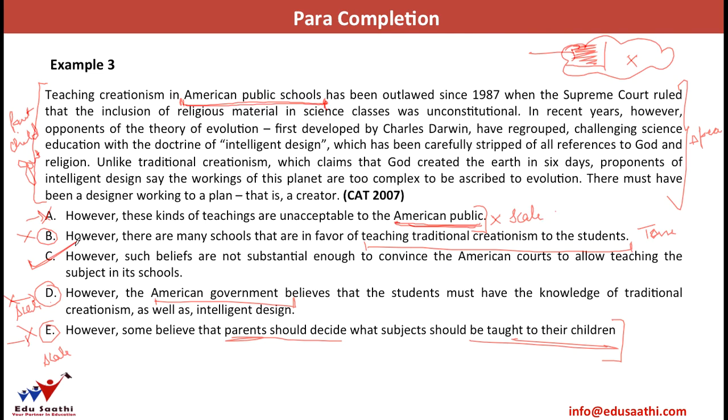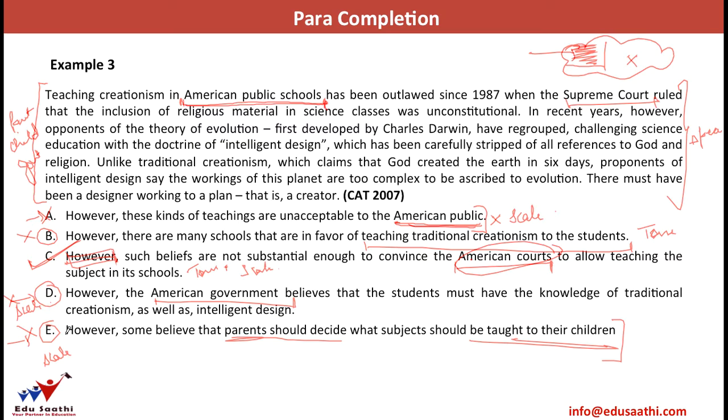Now, one thing, if you look at it, it starts discussing American courts directly, which violates the scope. Why? Because here we're discussing the Supreme Court, but it is correct in terms of tone plus scale, and the scope is a little violated. However, it justifies this violation as well, because we are starting it with 'however', so there must be a contrast in the passage and the last line.